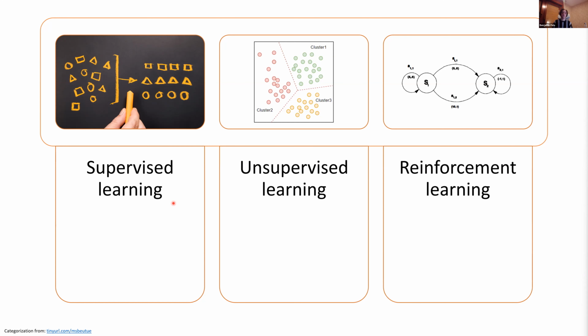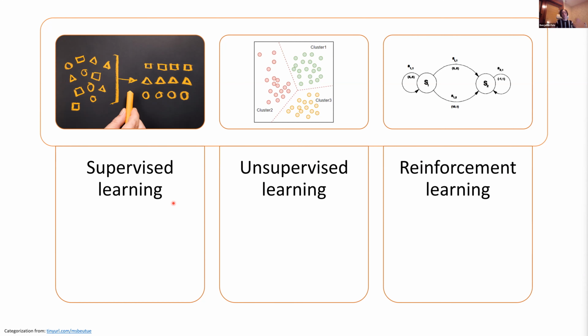While lastly, you have reinforcement learning, which is more of having an agent performing actions in some kind of environment, going through different states, and the goal there would be to learn the actions that maximize some kind of reward.